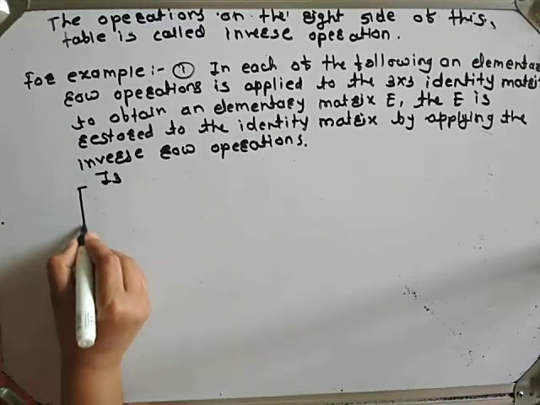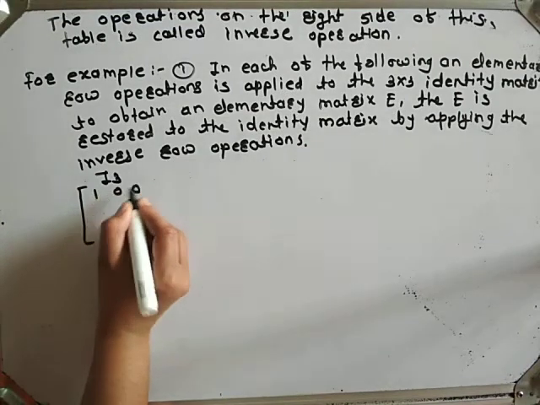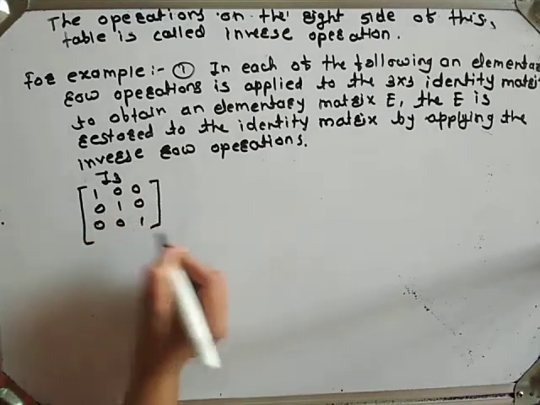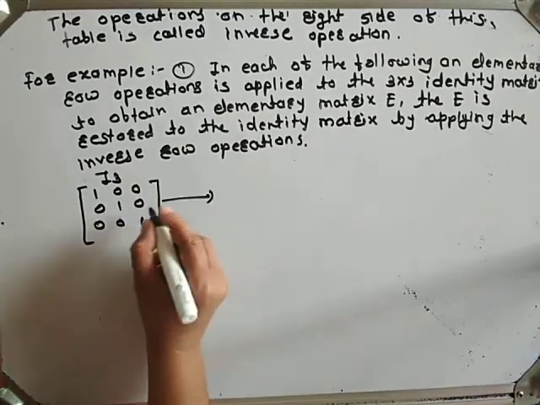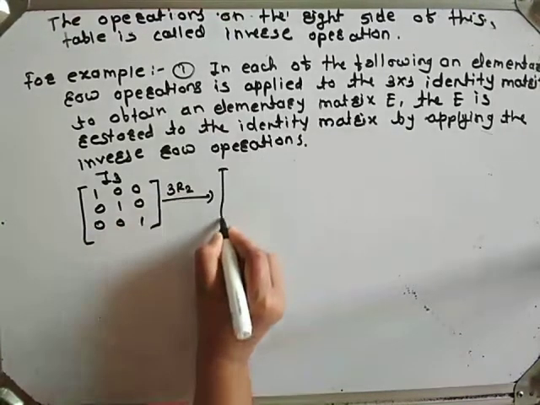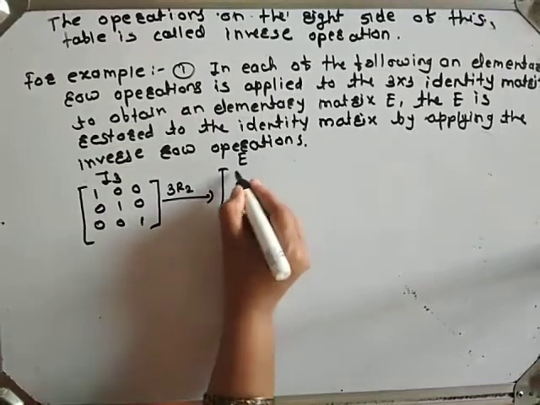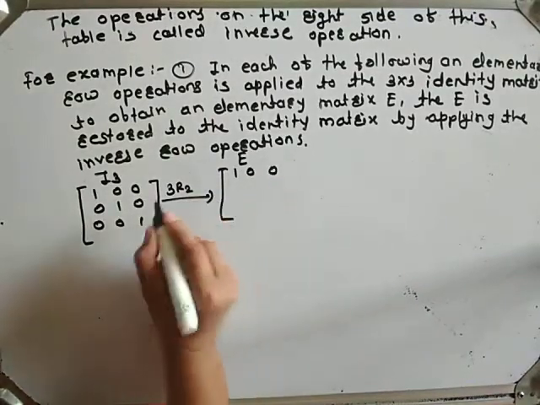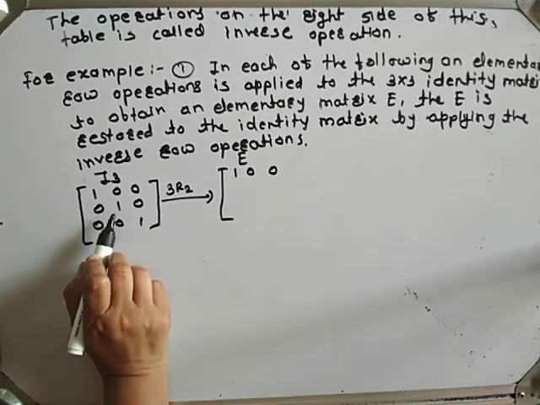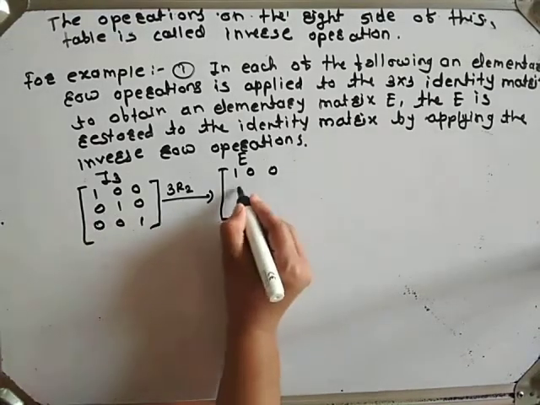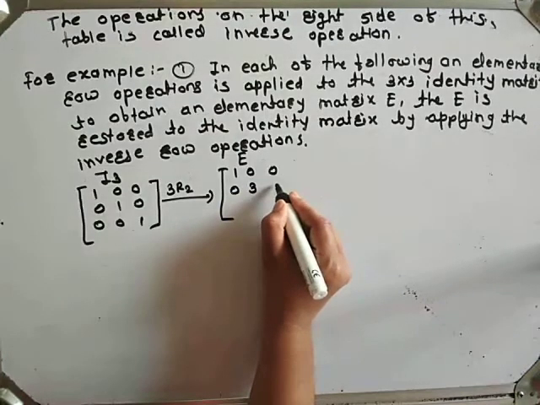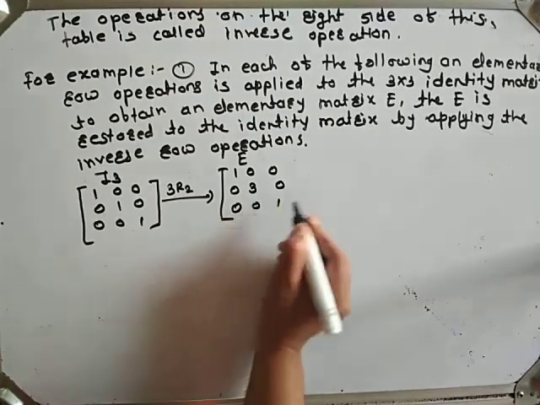I3 matrix is nothing but 1 0 0, 0 1 0, 0 0 1. Here we perform the operation 3 into R2. This is matrix E. First row as it is. 3 into R2 means multiply each entry of the second row by 3: 3 into 0 is 0, 3 into 1 is 3, 3 into 0 is 0. Third row is 0 0 1.